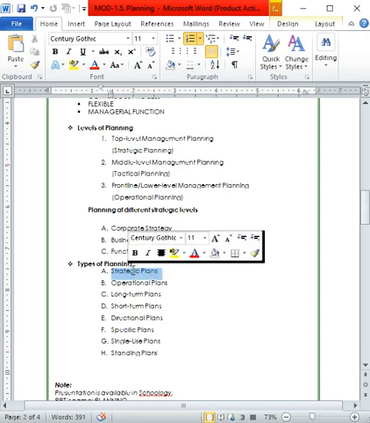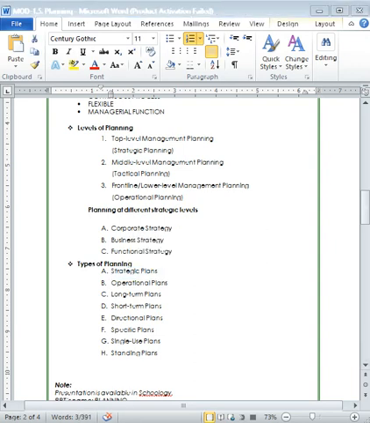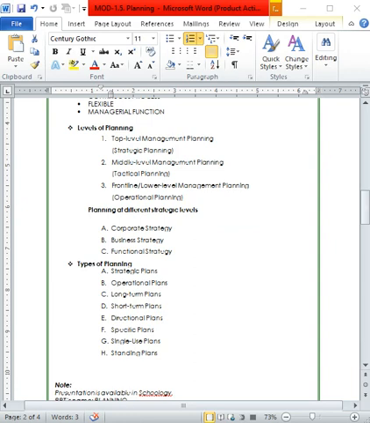For strategic plans, it is a plan devised to achieve the overall goals set by a business. Next, operational plans are defined as plans prepared by a component of an organization.